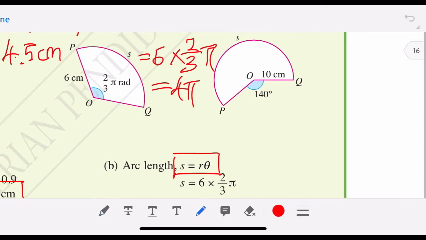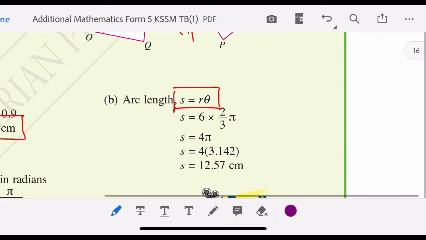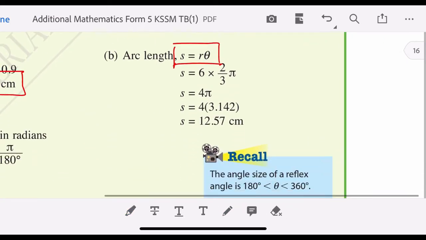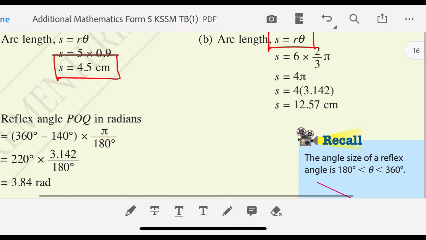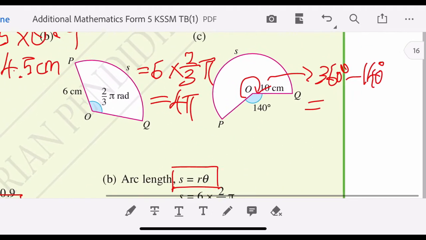And how about this one? Make sure the angle is the angle subtended. So you have to take 360 degrees minus 140. You may press your calculator to get the answer, which is 220.